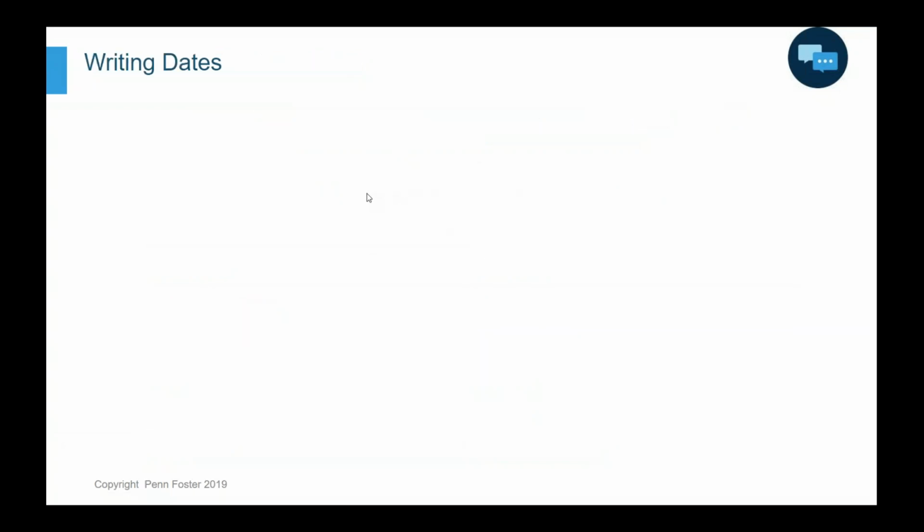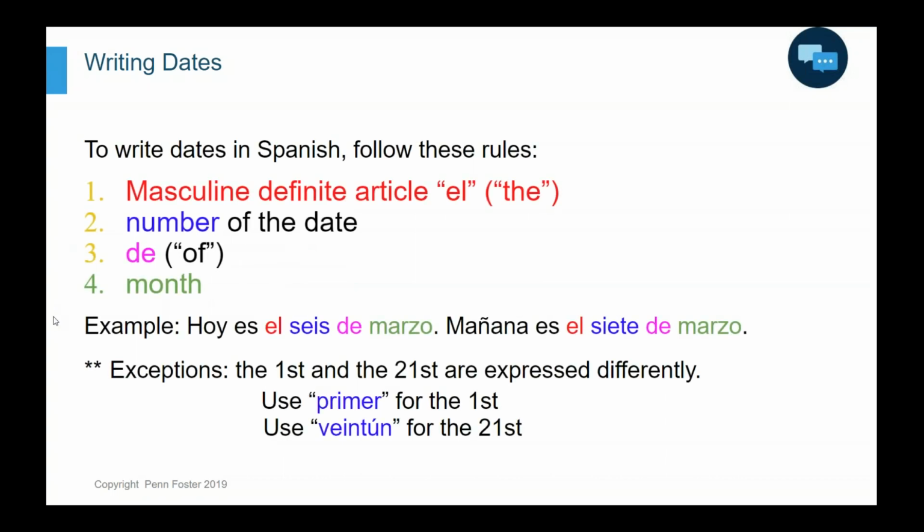Going along with writing a business letter, one of the components of that is writing a date. So we wanted to go over briefly how to do that in Spanish. Again, we color coordinated these steps so you'll be able to see within the example each part. So the first thing we're going to do is provide the masculine definite article, el, which means the. In blue, step 2, we have the number of the date.